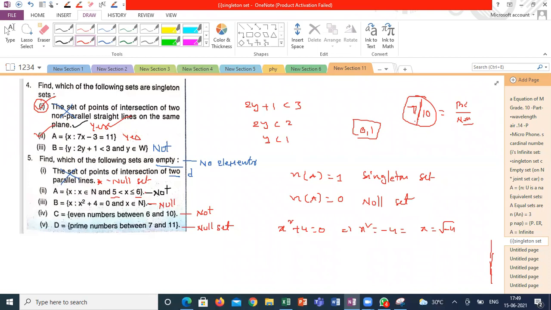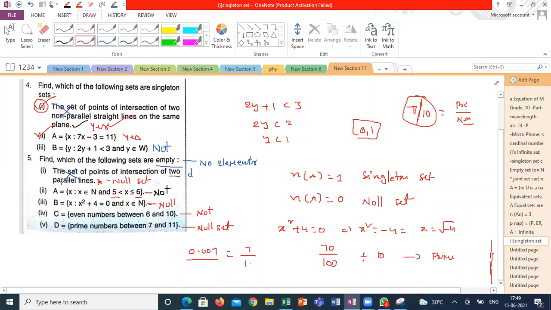How can you apply the prime number concept here? I will show you a proof. 7 by 10 can be written as 70 by 100, which is divisible by 10. Then how can I say it is prime? Take any decimal, for example 0.007, which can be written as 7 by 1000.